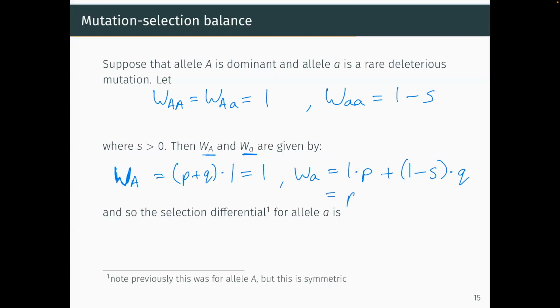So this is just going to be P plus Q minus sQ, which is just minus sQ. I'll write it as Qs actually, for no reason other than alphabetical.